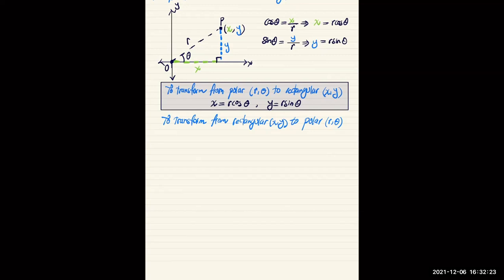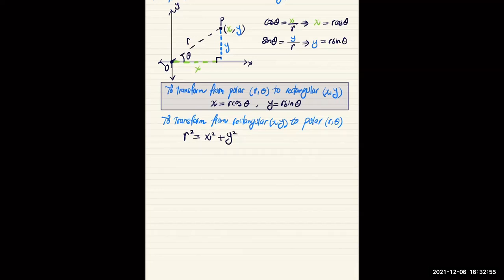Well, to get r, just look at that right triangle. R is the hypotenuse. So you can use the Pythagorean relationship, which is r squared equal to x squared plus y squared. You have your x and y, square them, add them, and that gives you the square of r. And then you have to take the square root.